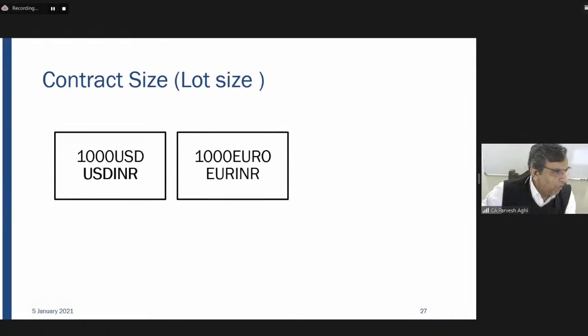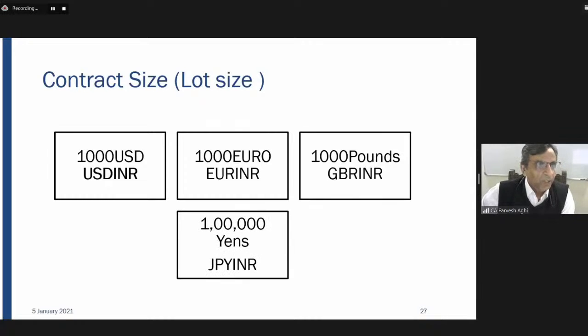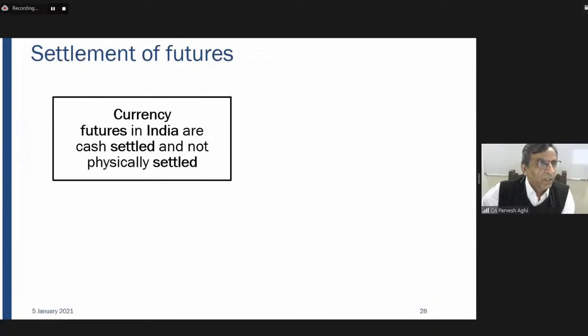Okay, and then we have pounds also. There are 1,000 pounds for the pound pair. Then 1 lakh yen for the Japanese yen. Then settlement of currency futures in India is cash settled.